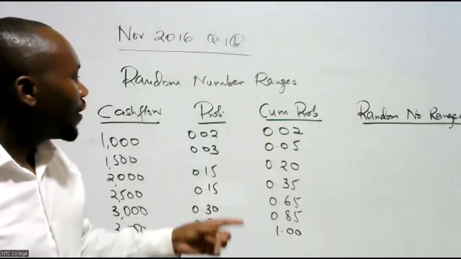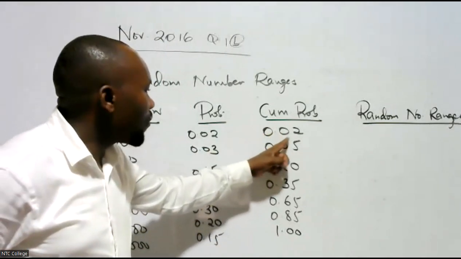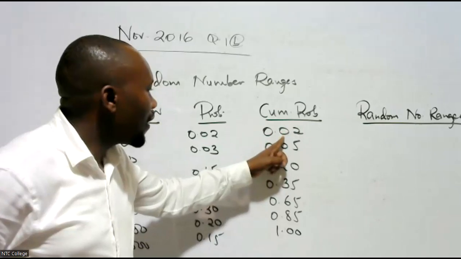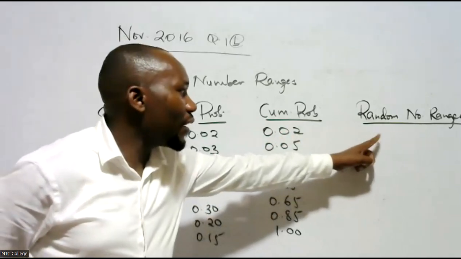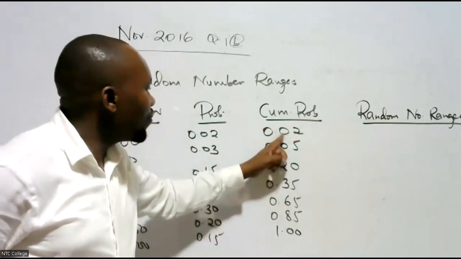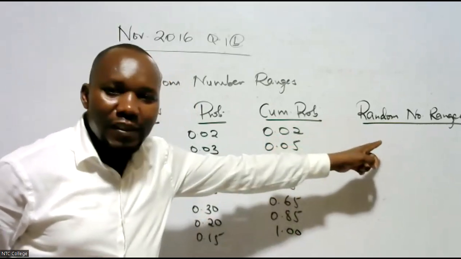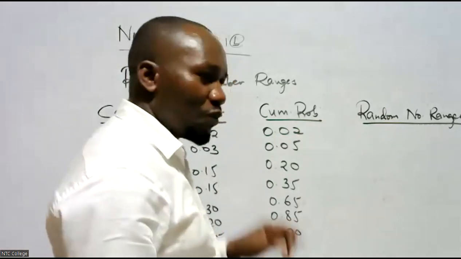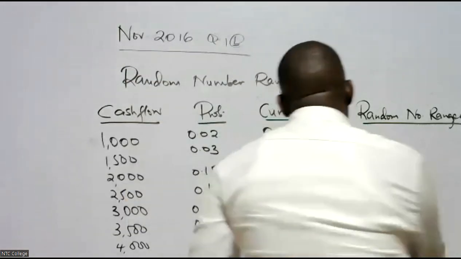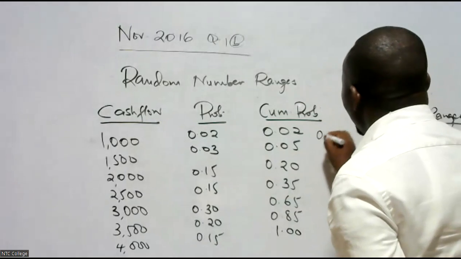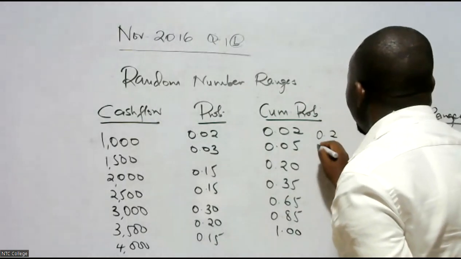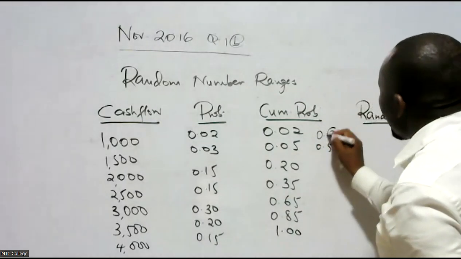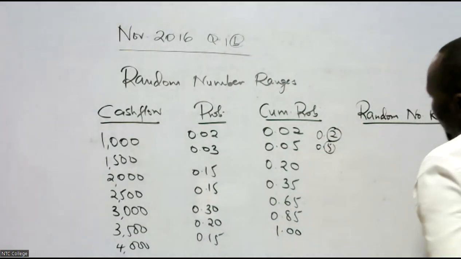So Jen, I know you are joining today. What we do, you come here and look at the decimal places of probability. If it is 1, then you need to know that you are having 1 digit here. If there are 2, you need to have your 2 digits there. So for example, this one, there are 2. If it was 0.2, then we have 0.5, then this one is only 1 decimal place.